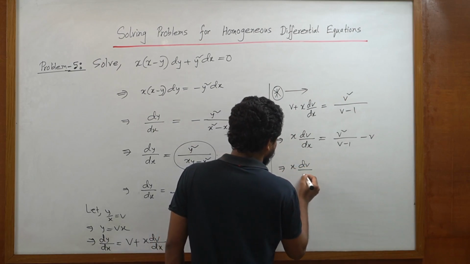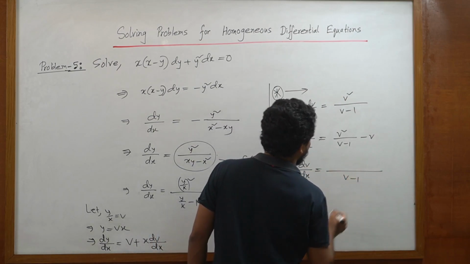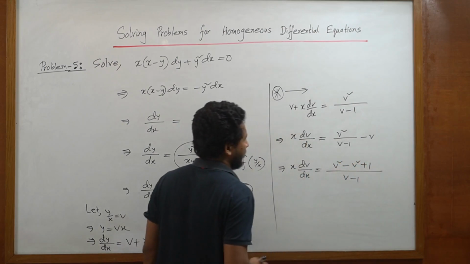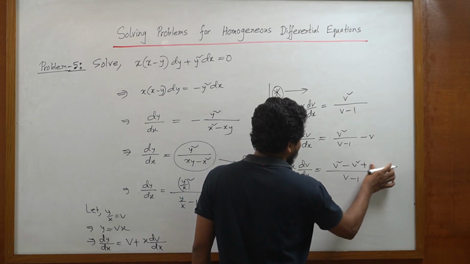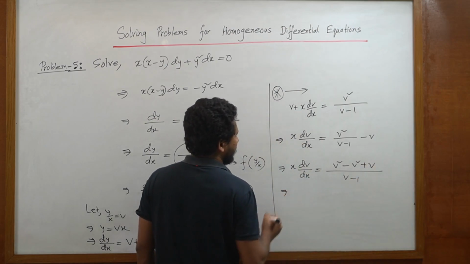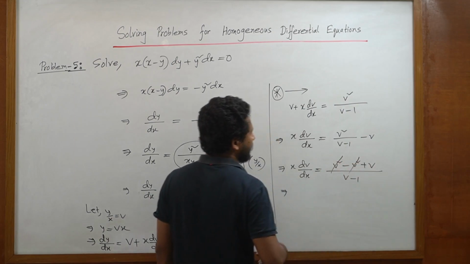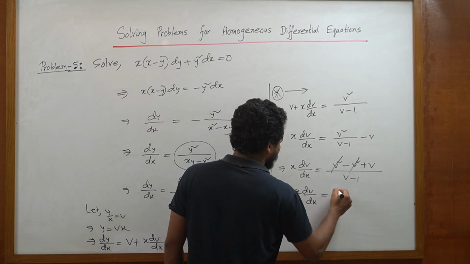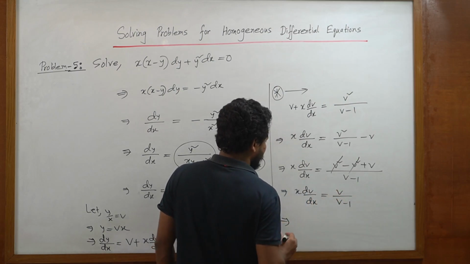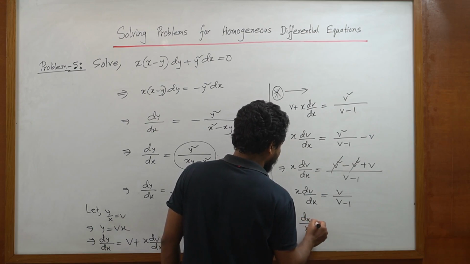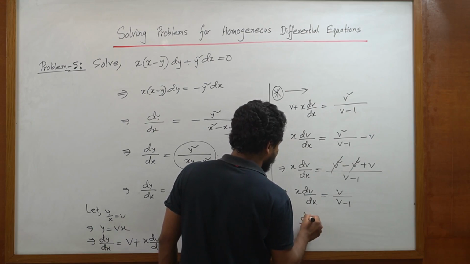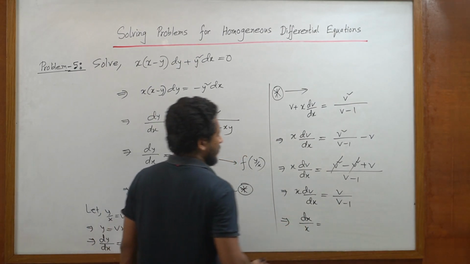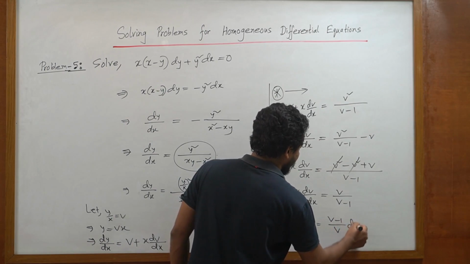So x dv/dx will be v square minus v square plus v over v minus 1. In fact, not plus 1, plus v. So v square will be removed, x dv/dx equals v by v minus 1. So dx by x equals v minus 1 by v dv.